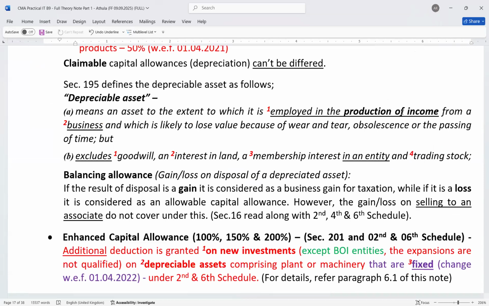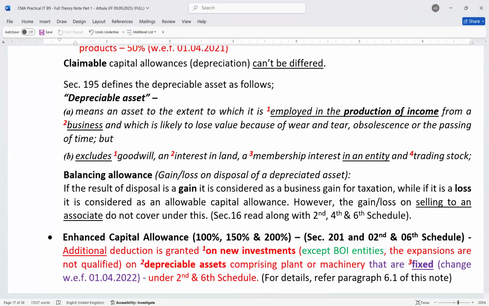Depreciable asset means an asset to the extent to which it is employed in the production of income from a business and which is likely to lose value because of wear and tear, obsoleteness, and passing of time. Generally, any asset has wear and tear, obsoleteness, and passing of lifetime.